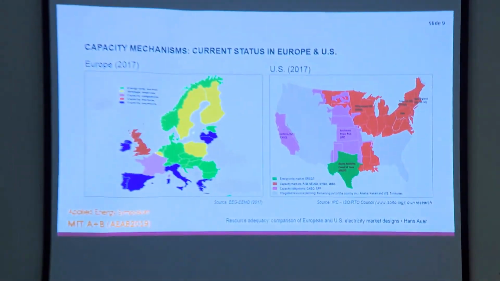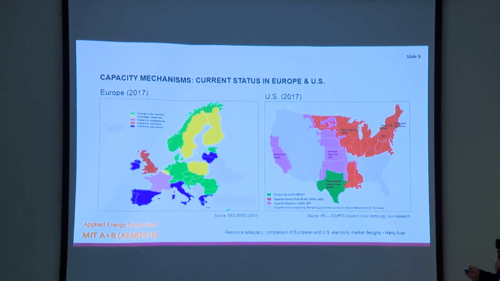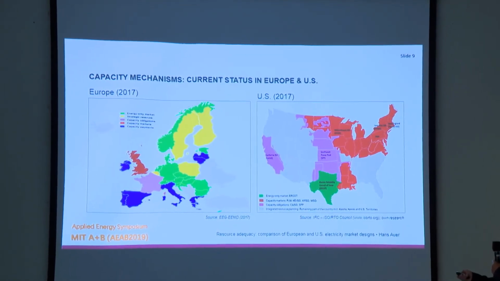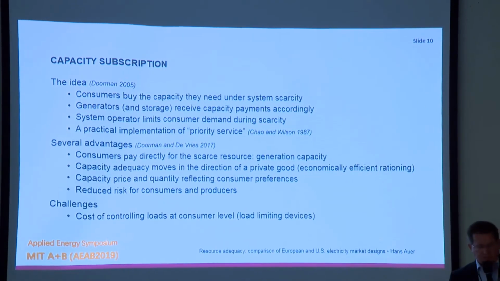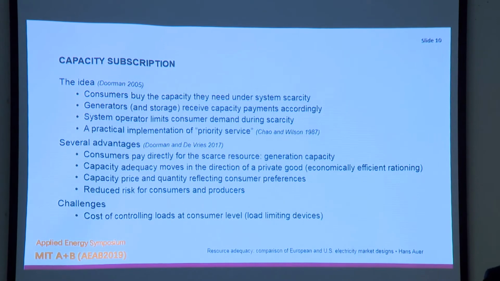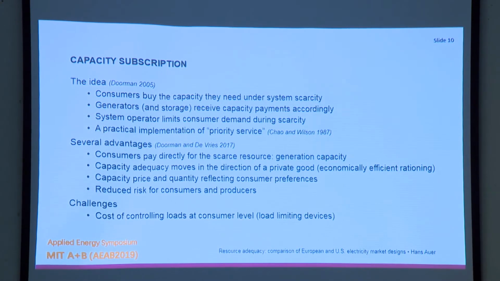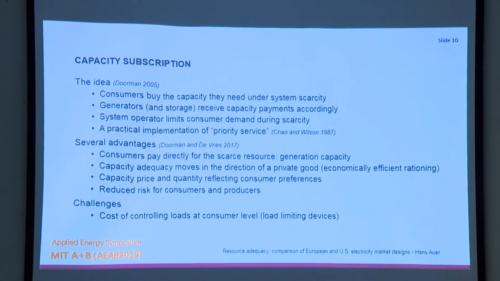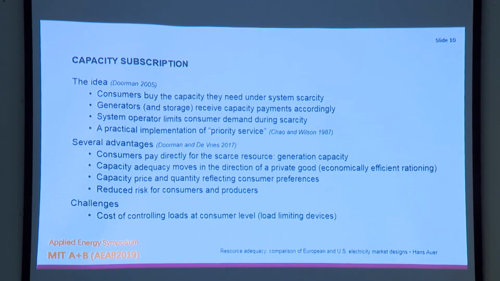And what's missing a little bit in this portfolio of mechanisms is the demand side and the consumer preference. Here it is not taken into account. In case you want to better include the demand side, the idea could be that during scarcity situations, the consumer can decide the priority in which they want to be served.